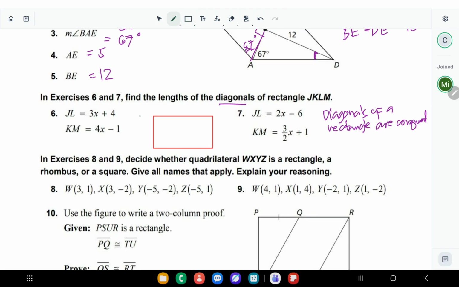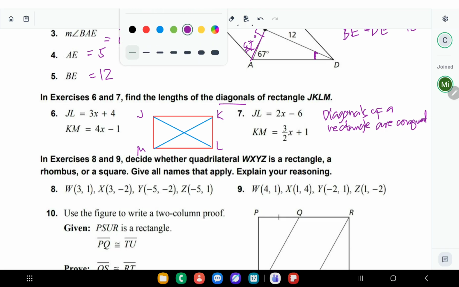JKLM. So it says JL. Let's say this is the diagonal JL and then KM. So we just have to equate them. JL equals KM.